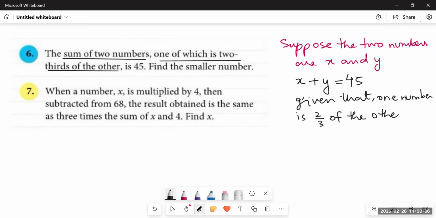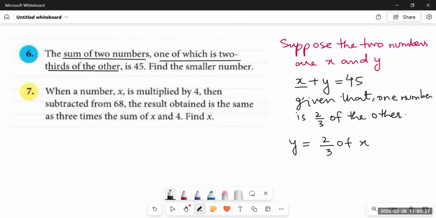What does it mean? It means, let us suppose one of the numbers is x. Then the other number would be 2/3 of x.